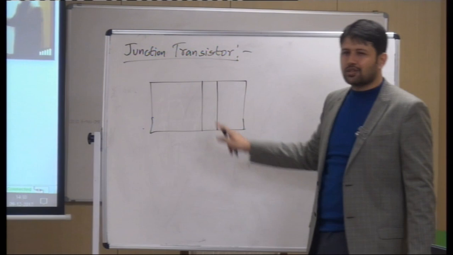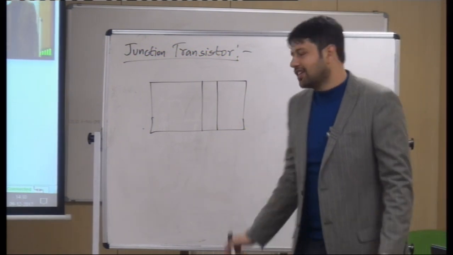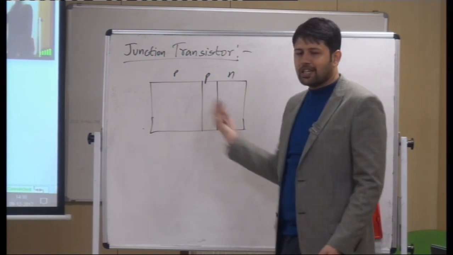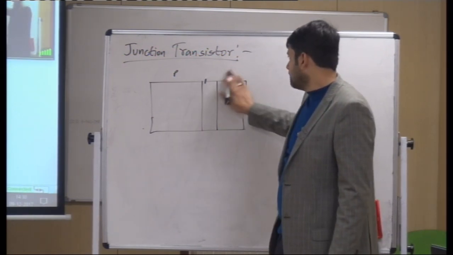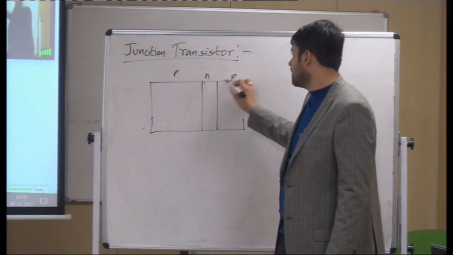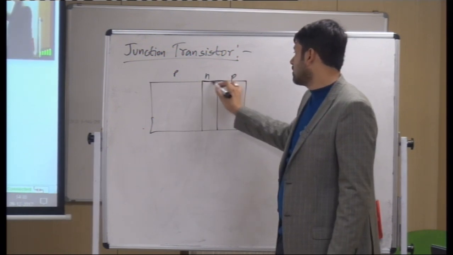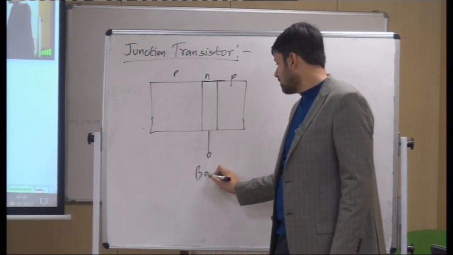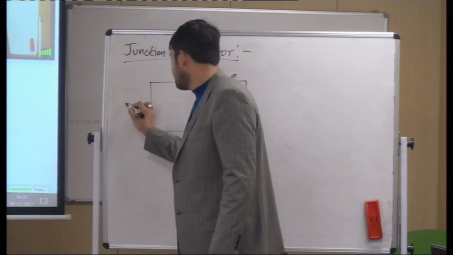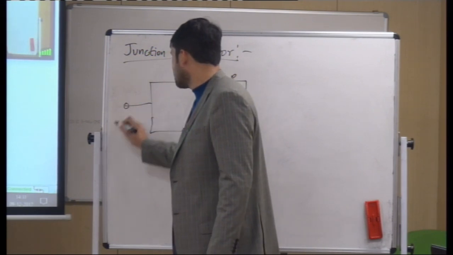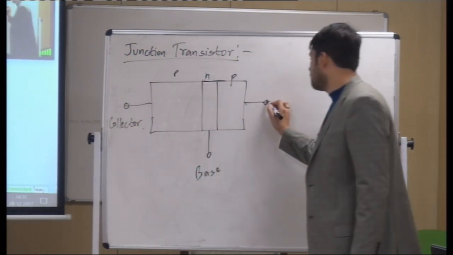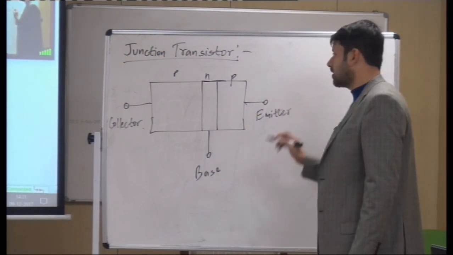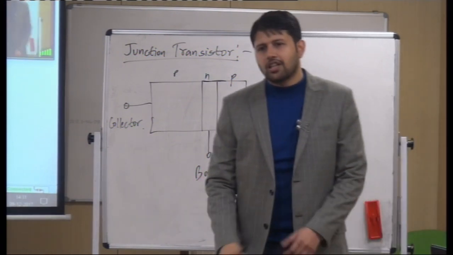Obviously, the middle layer has to be different, otherwise what's the point? If you do just PN, it's a PN junction, right? So the middle layer has to be different, PNP. This middle layer is called the base. The bigger one is called the collector, while the moderate sized one is called the emitter. It comes in 2 flavors, PNP and NPN, right?